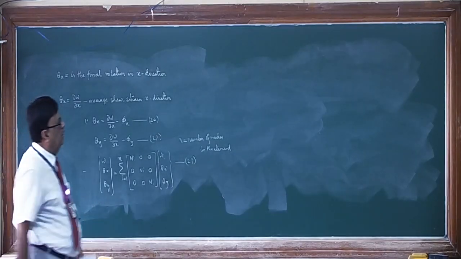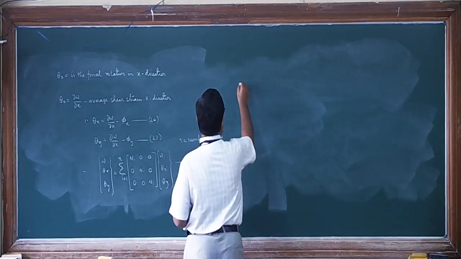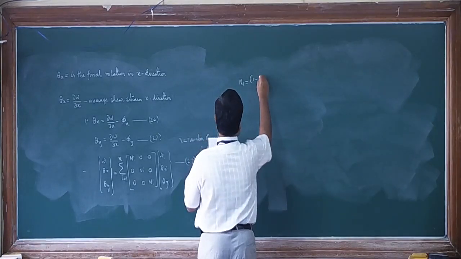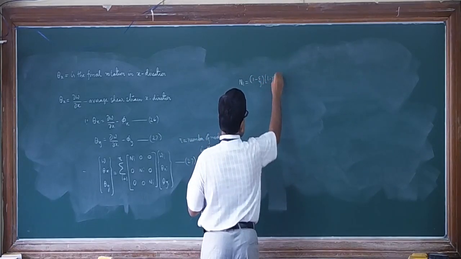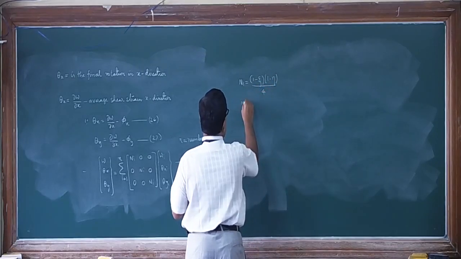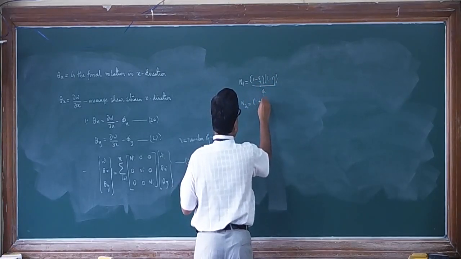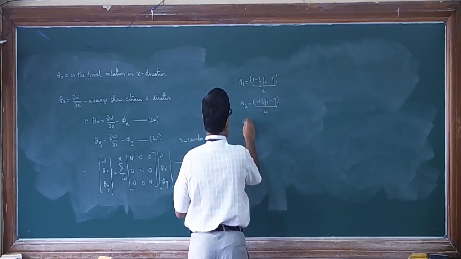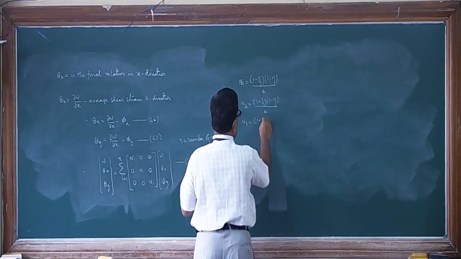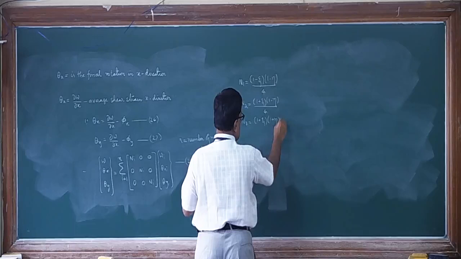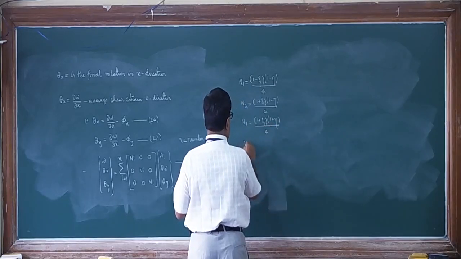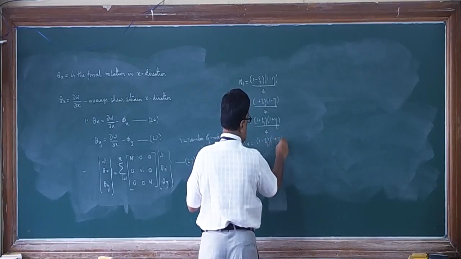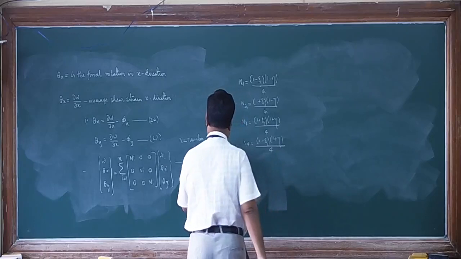And already you have studied the 4-noded quadrilateral element. N1 is given by (1 minus zeta)(1 minus eta) by 4, N2 is given by (1 plus zeta)(1 minus eta) by 4, N3 is given by (1 plus zeta)(1 plus eta) by 4, and N4 is given by (1 minus zeta)(1 plus eta) upon 4.